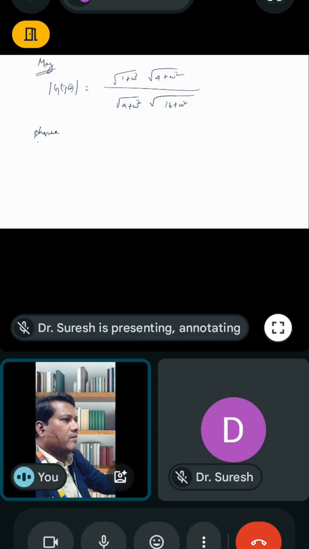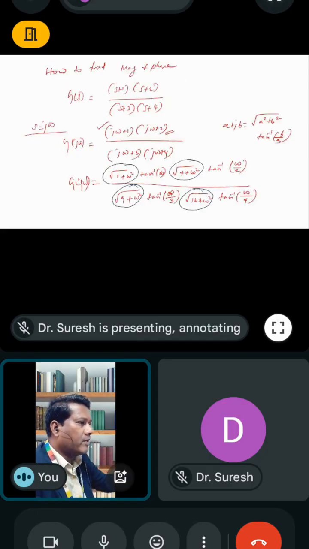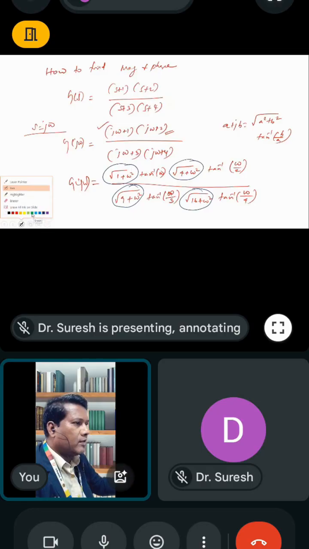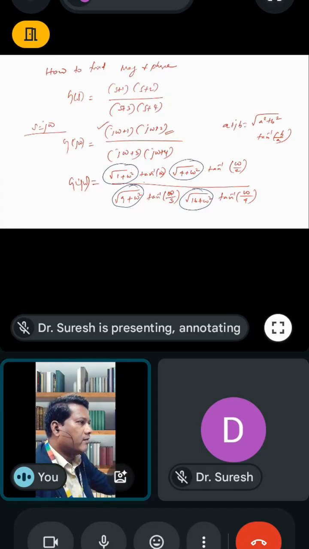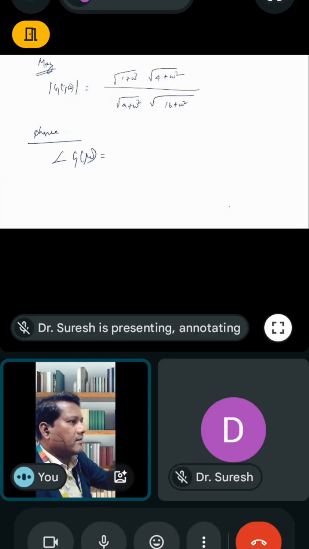Now for the phase angle of G(j omega), we have to add the phase values in the numerator, and the denominator phase values underlined in green are subtracted from the numerator value, which gives the resultant phase angle.